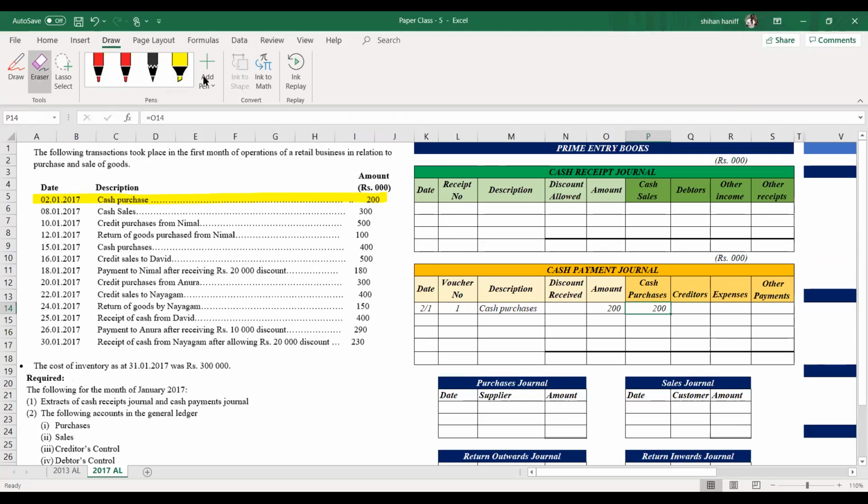Then we have cash sales. 8th January, receipt number, let's take it as 1. They have not given the receipt number, but in order we will have receipt number 1. Cash sales. Amount is 300. So it comes under cash sales column.